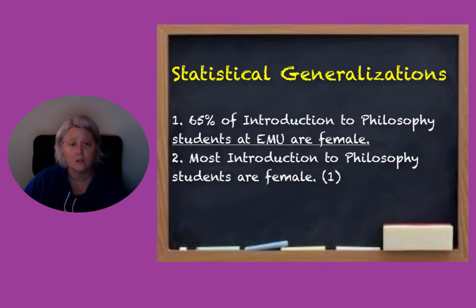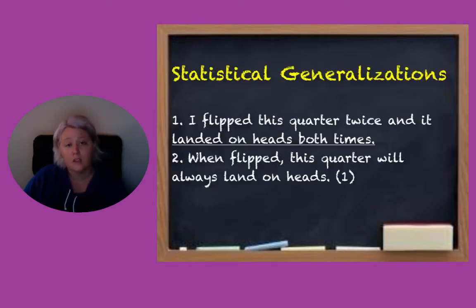Now, this is an inductive argument. It's a statistical generalization. Now, this may be a more or less strong statistical generalization. So, for example, if I give you the argument, I flipped a quarter twice and it landed on heads both times. Therefore, anytime I flip a quarter, it's going to land on heads. That's an inductive argument that is a statistical generalization.